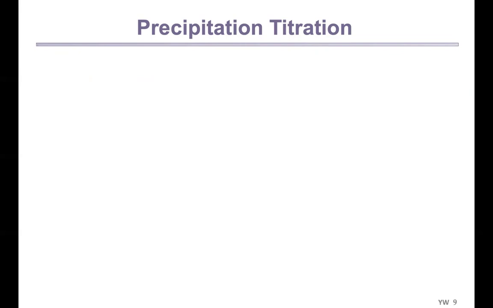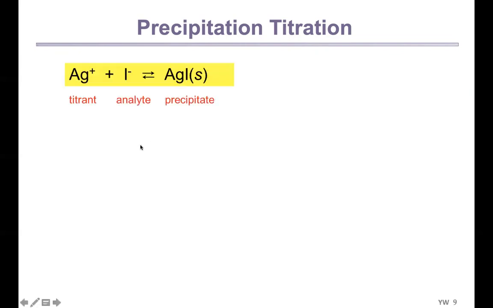In titration, you can also do precipitation titration. For example, if you have an analyte, which is iodide, in your solution, you can add a titrant, for example, silver. And silver will react with iodide to form an insoluble compound, silver iodide, which is a precipitate. Okay.